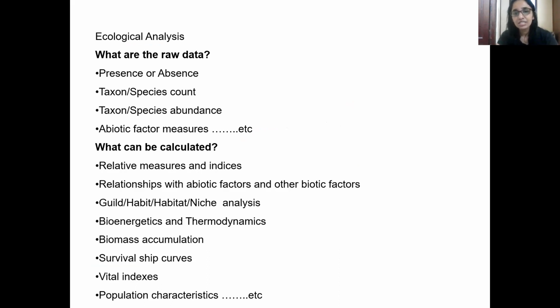So we have to understand the type of data which you'll be handling and which we'll be analyzing. That is the first part which you have to understand before we jump into any type of indices. So the first question which we have to ask is, what is the raw data which we use in ecological analysis?